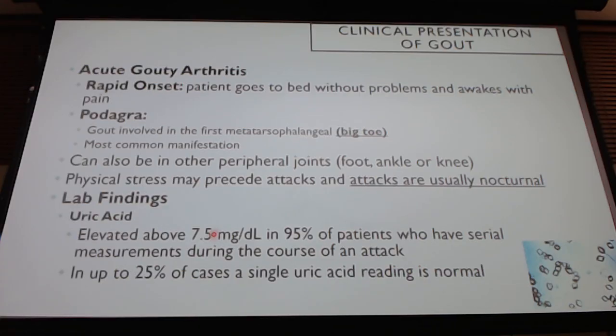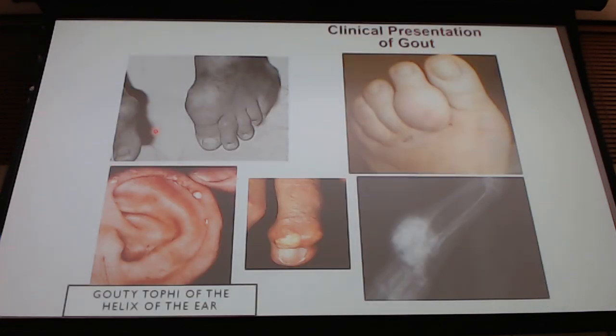Our acute flares are very important when we're talking about our treatment, so that you know how to approach your treatment. So when we're looking at this, the big onset that you'll see, people will go to bed, they'll be perfectly fine. They wake up the next day and they'll tell you, oh my gosh, I'm in so much pain. And they have the podagra where they have that big toe that will look very like this, okay?